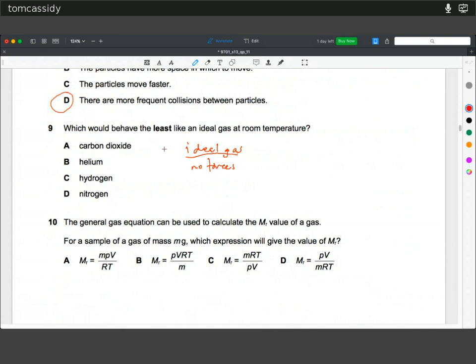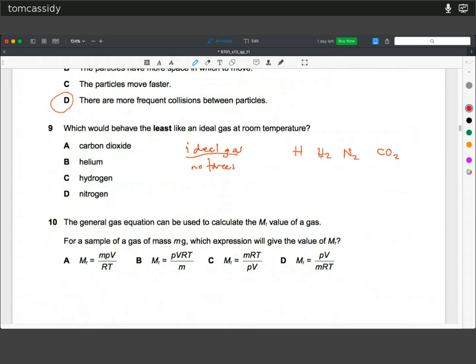But if you look at these in reality, you could say, well, we've got helium, it's a monoatomic gas, hydrogen, diatomic, you've got nitrogen, diatomic, and you've got carbon dioxide. And for all of these 3, those molecules or atoms are non-polar.